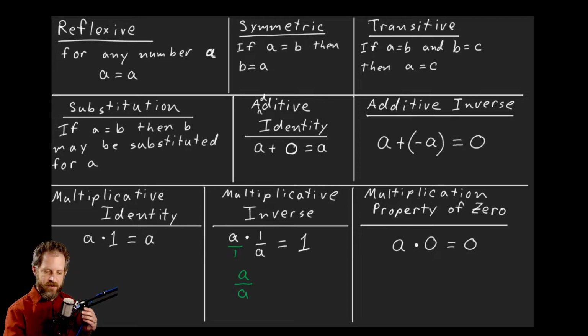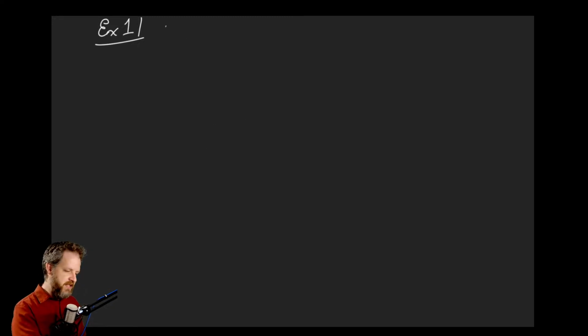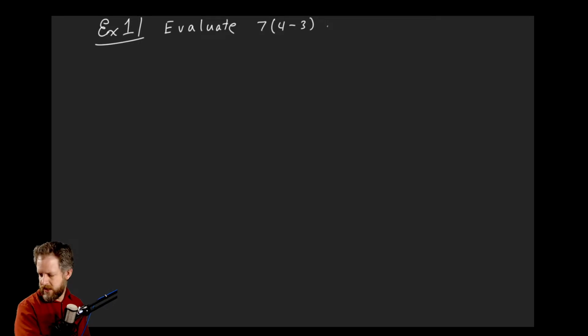Let's take a look at some examples of what we might see on a homework assignment or quiz or whatever else, taking advantage of those properties. Example number 1 says evaluate 7 times the quantity 4 minus 3, close parentheses, minus 1, plus 5 times 1/5.